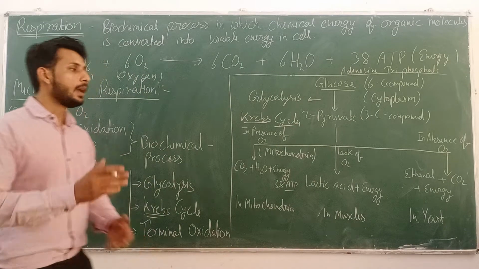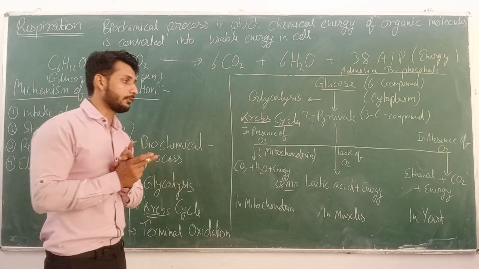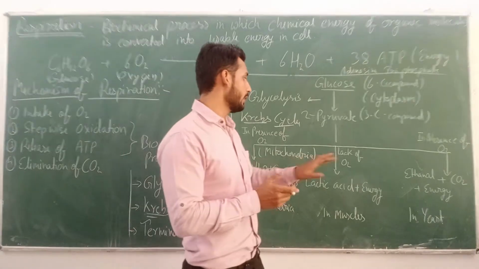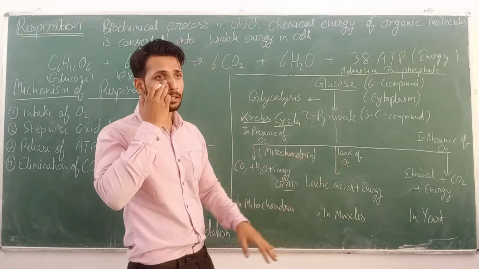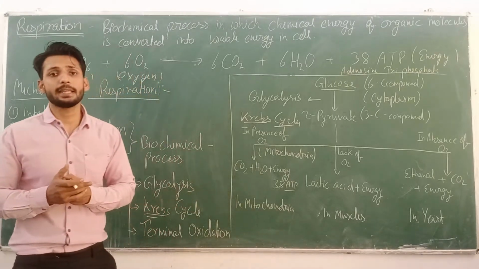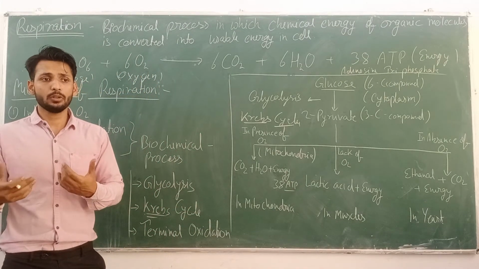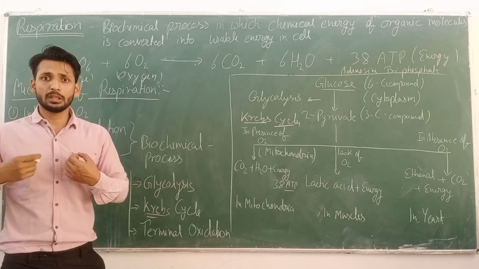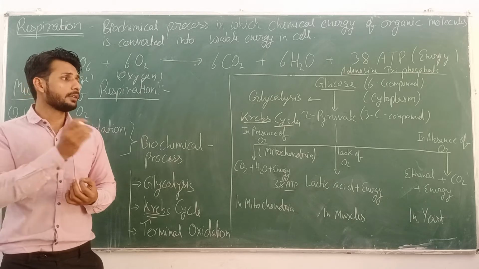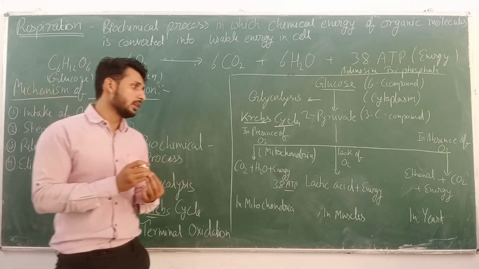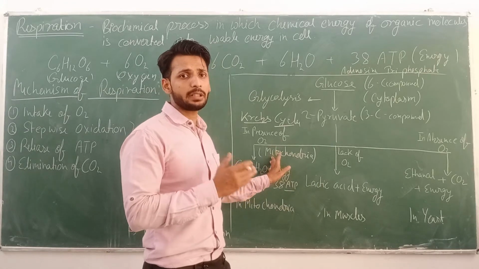Got it? Now, the next condition is in lack of oxygen. What happens in lack of oxygen? Actually, this takes place in muscles. When we do any heavy exercise and we need a greater amount of energy, the glucose which is stored in our body is oxidized. But due to lack of oxygen, the Krebs cycle does not take place.